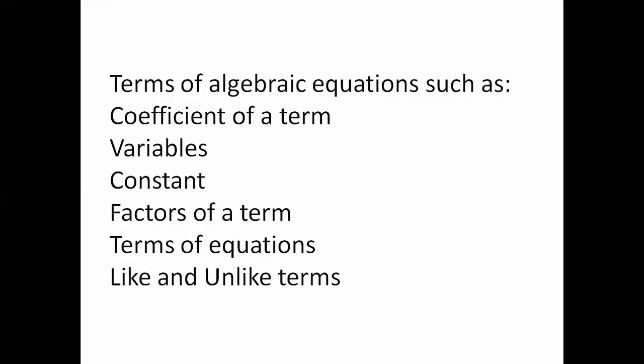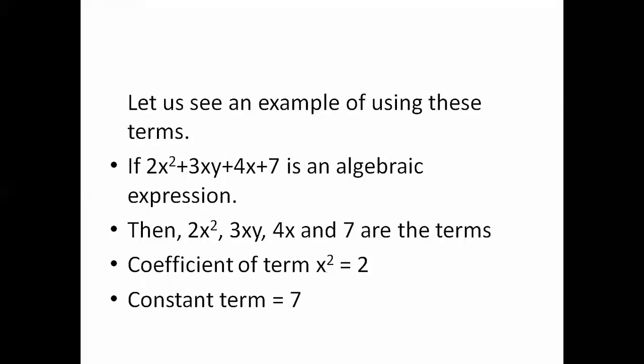Now, the terms of algebraic expressions which you generally come across are coefficient of a term, variable, constant, factors of a term, terms of an expression, and like and unlike terms. Let us see an example using these terms.